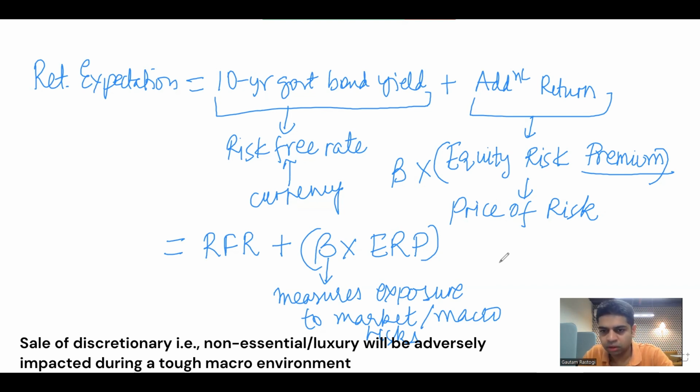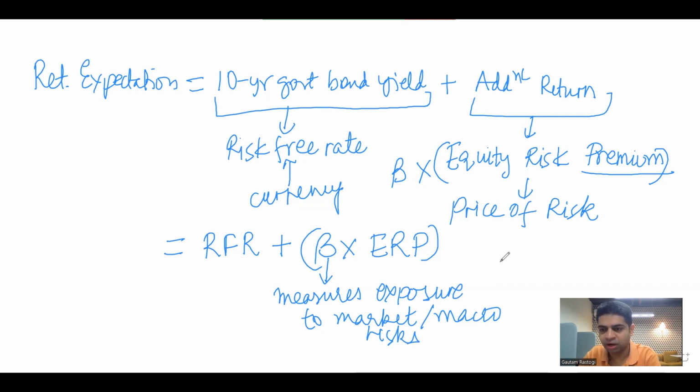The sale of that company would be impacted, because not many people are going to buy those items. So there is an additional risk of investing in that particular company.